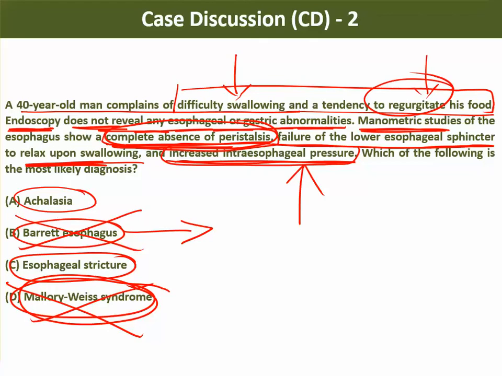Yeah. So first of all, you try to divide the case into three components. The first component is only the case history. There is no clinical finding. The second component is missing, which means there is going to be a very direct clue in the investigations. First they mention endoscopic findings, where everything is normal.